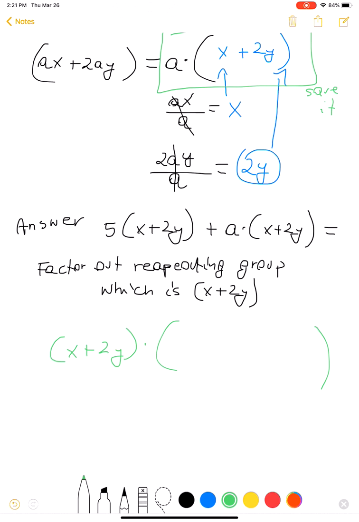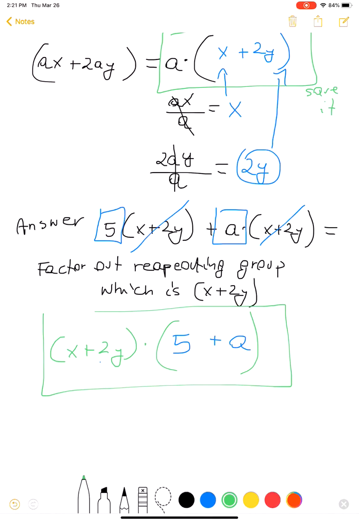So we factor out x plus 2y, so that x plus 2y is already here. So the leftover goes inside of the parentheses, so you have 5. And the same thing, we factor x plus 2y, so that x plus 2y is right here. So what you have left, which is a, goes inside of the parenthesis. And we have it. This is the final answer, factoring by grouping.